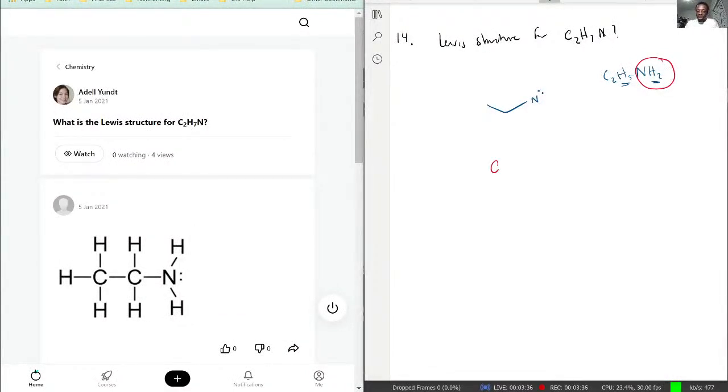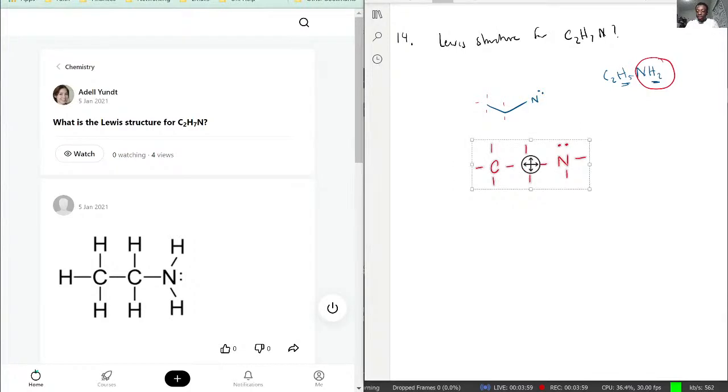So we have the C, C, N to start. Then we have the lone pair as we discussed. And now we have the hydrogens, because remember C2H5, 1, 2, 3, 4, 5, and then the N with the two H's there.